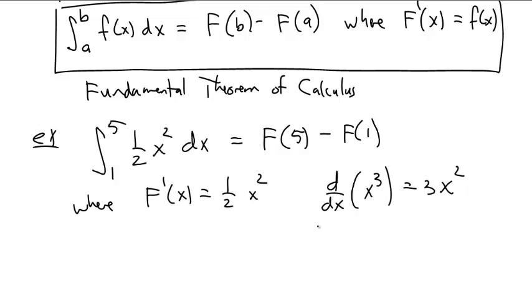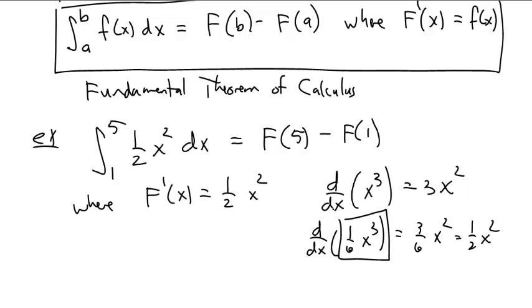So let's try 1/6. The derivative of 1/6 of x cubed is 3/6 x squared, which is in fact 1/2 x squared. Ding, ding, ding, ding, ding. That is our function. So F of x is 1/6 of x cubed.